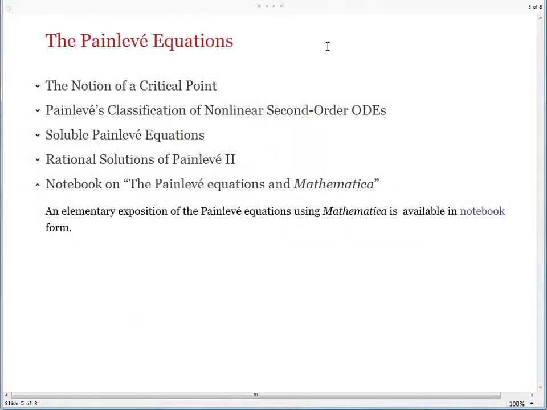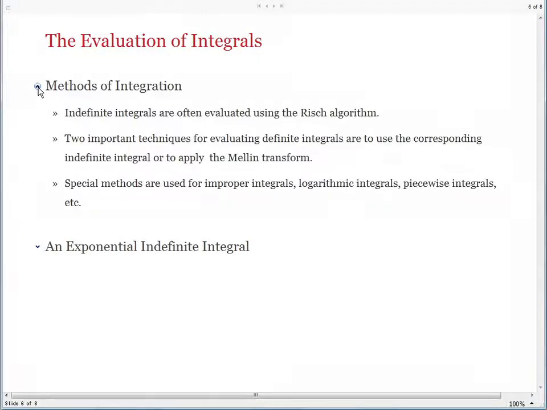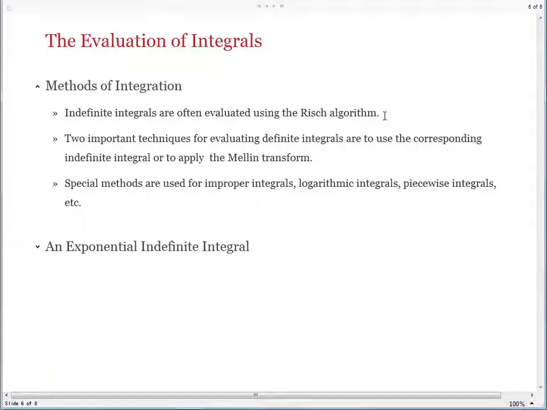Okay, it's now time to go into the internals of our calculus functions, and let's begin with the evaluation of integrals. So roughly speaking, there are three classes of methods for integration. If you give Mathematica an indefinite integral, then we will usually apply the so-called Risch algorithm. This is one mighty powerful algorithm which can in principle solve a large class of indefinite integrals.